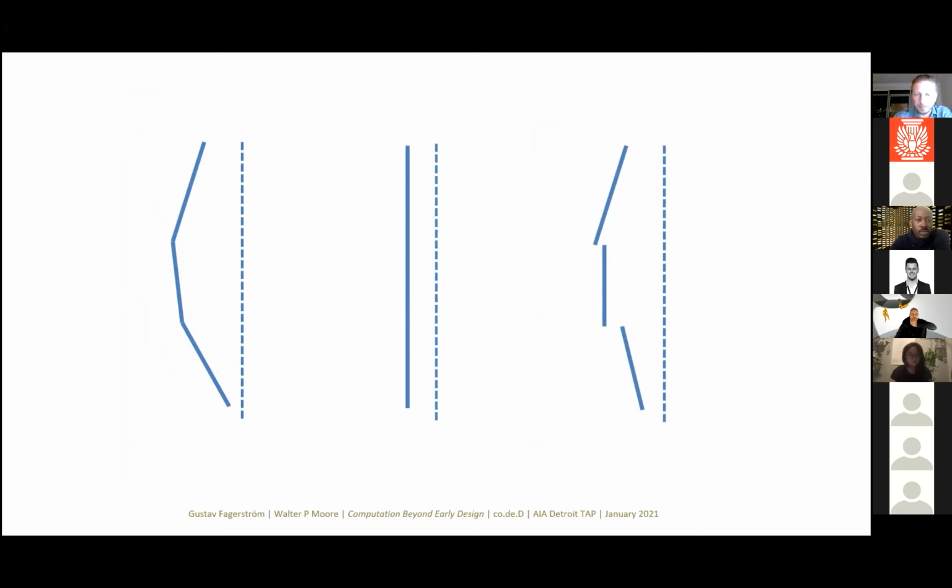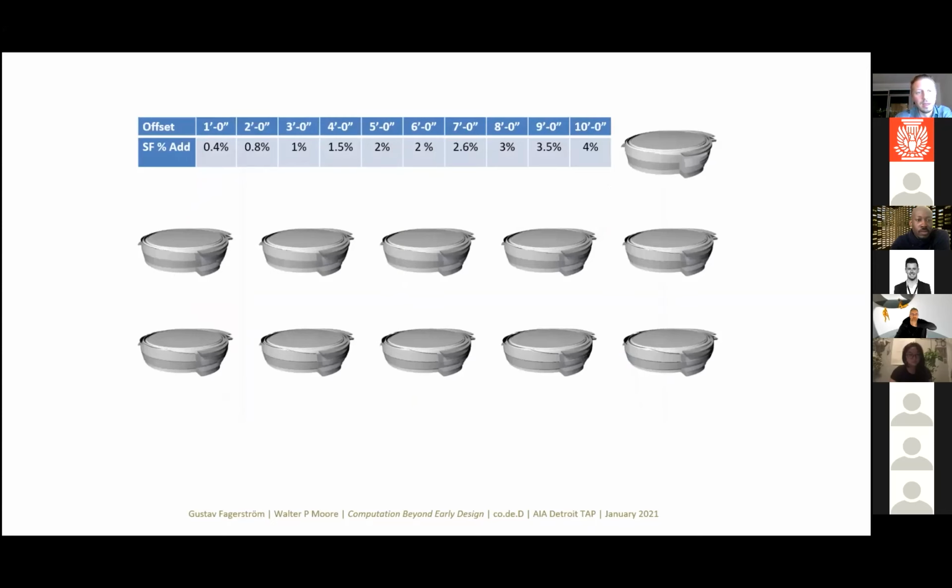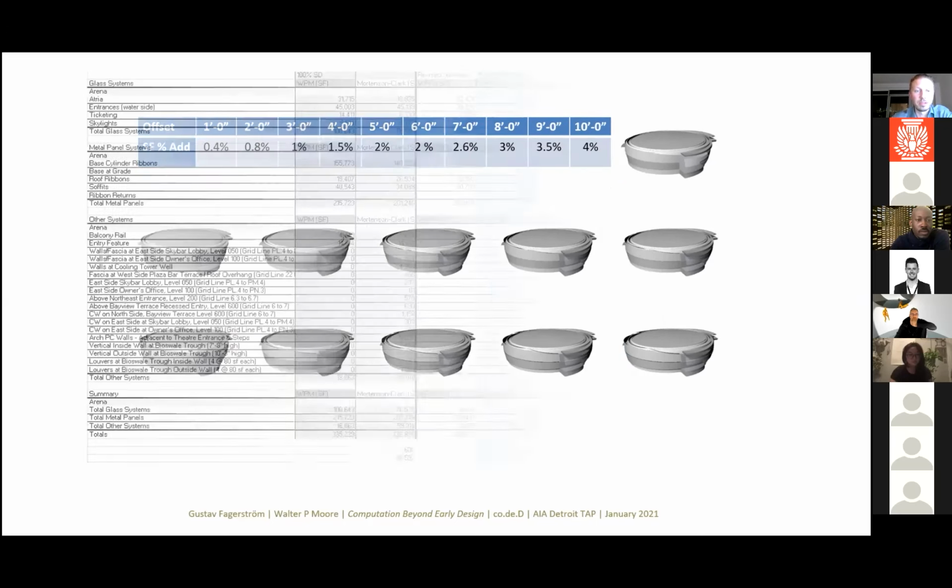And similarly, in terms of conceptual geometric studies before anything takes final form, we did dozens and dozens of fairly quick hits in the earlier stages of different global area studies, like what would happen depending on the different offsets between structure and facade, how does that affect the square footage of the surface area of the facade, which is quite impactful to budget when you're dealing with the surface areas involved in big buildings like this.